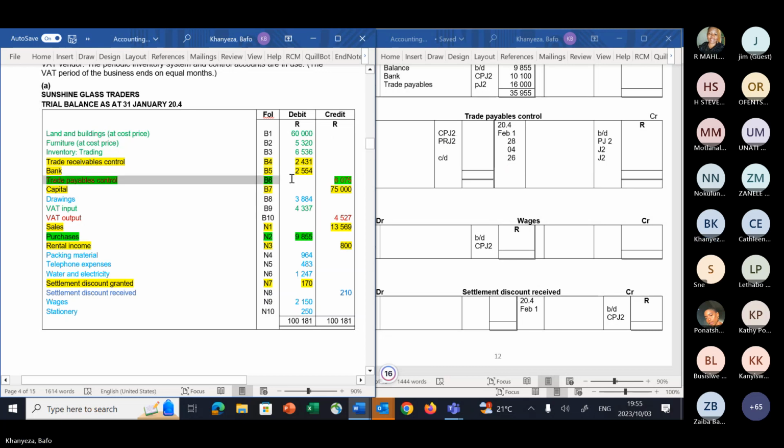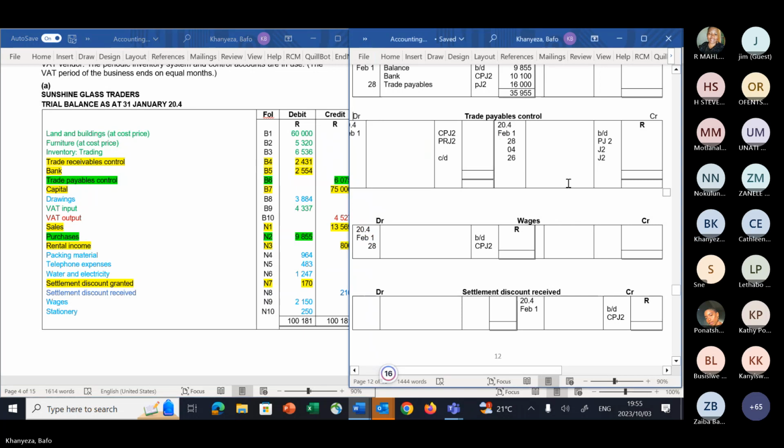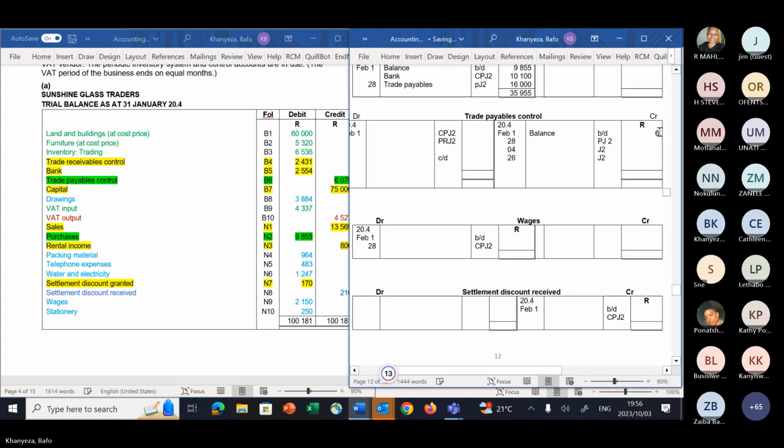The ones that are from the cash payment journal. So the balance is $6075. So you open with the balance.